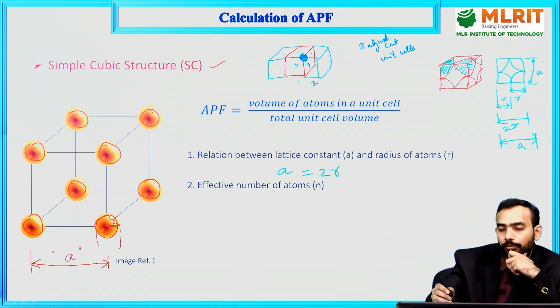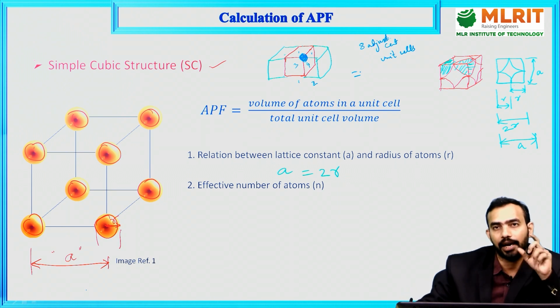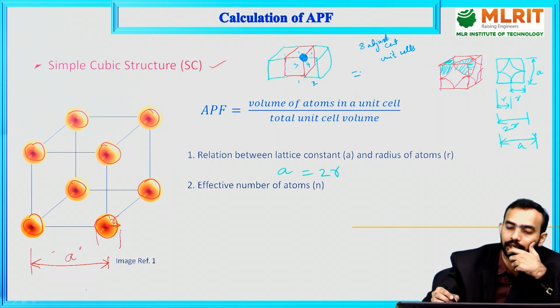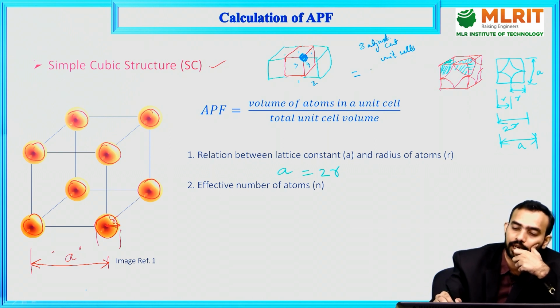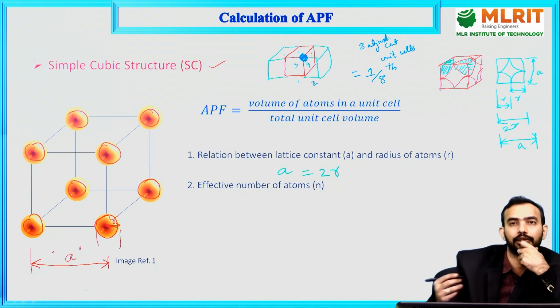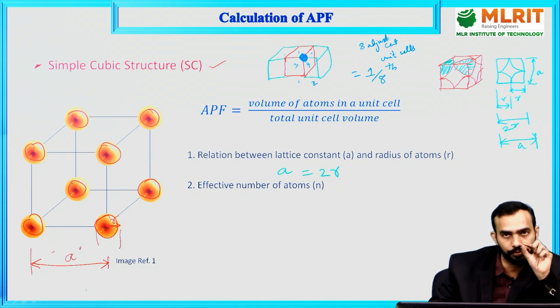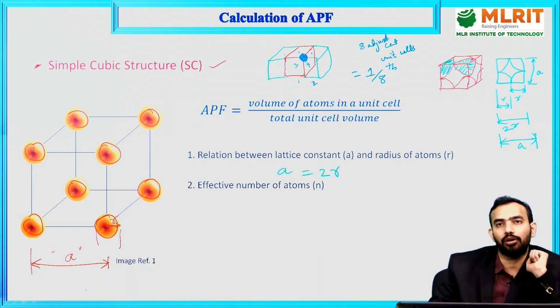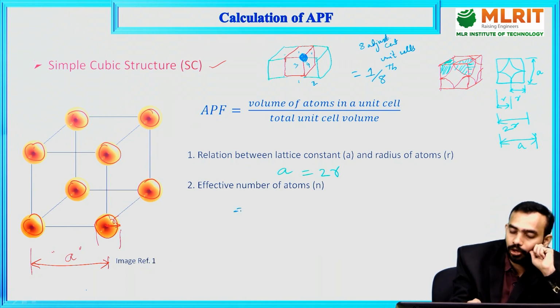So how much is the portion? If you calculate the portion of the atom that can be considered within a unit cell, since one atom is shared with 8, only 1/8 of the portion comes to one unit cell. That is for one corner. So how many corners are there?